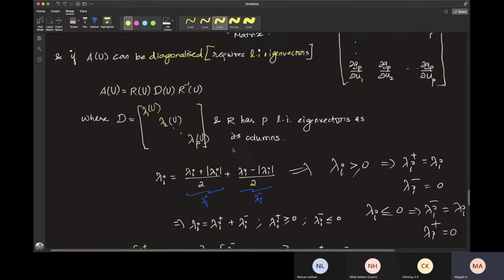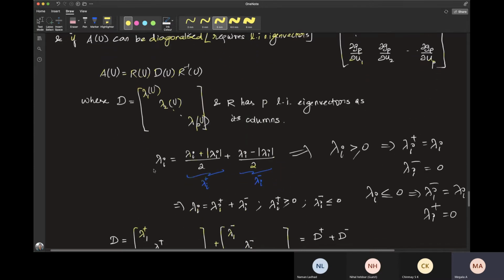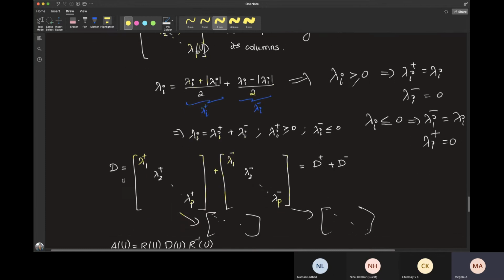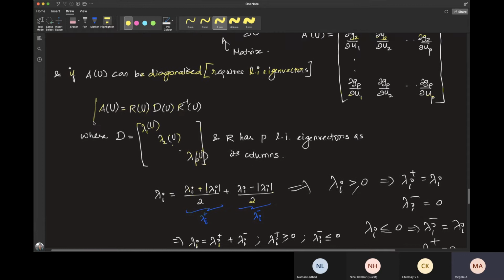So through this, first we have split the eigenvalues and then we are splitting the diagonal matrices into positive and negative. Now the full flux Jacobian, that is A of u, which is dou G by dou u, can be written as R D R inverse.